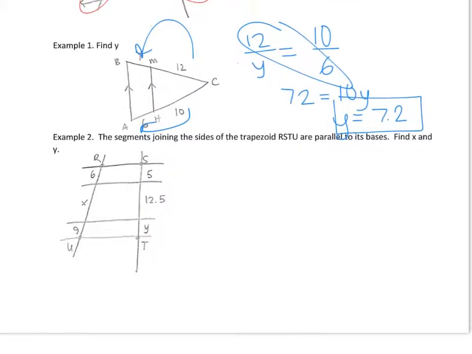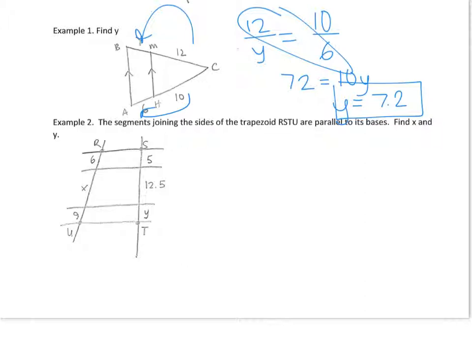And then number 2, the segments joining the sides of the trapezoid RSTU are parallel to its bases. So if we have this big trapezoid right here, RSTU, we know that a trapezoid has one set of opposite sides parallel, and then it reads the sides of trapezoid are parallel to its bases.